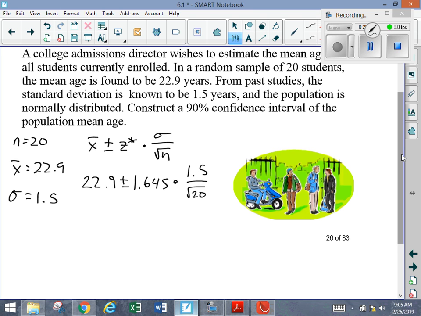All right. Now we just have to calculate this thing. So, 1.645 times 1.5 divided by the square root of 20.